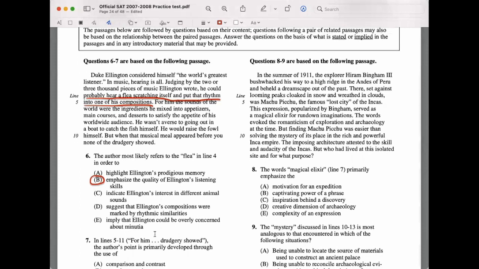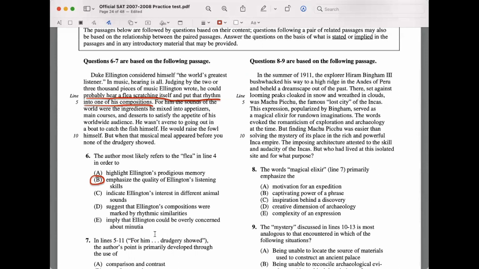In the summer of 1911, the explorer Hiram Bingham III bushwhacked his way to a high ridge in the Andes of Peru and beheld a dreamscape out of the past. There, set against looming peaks cloaked in snow and wreathed in clouds, was Machu Picchu, the famous lost city of the Incas.